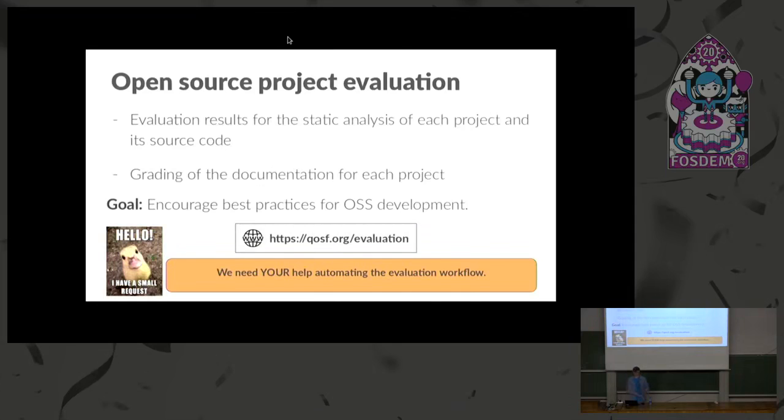You probably don't want to join a project that, I don't know, takes 3 months to get back to your pull request or your issues, and might also have bad documentation. So we want to help projects be aware of their shortcomings and then fix them. So again, here we need help to automate this.